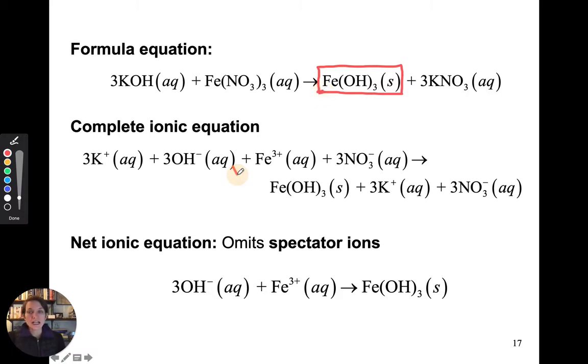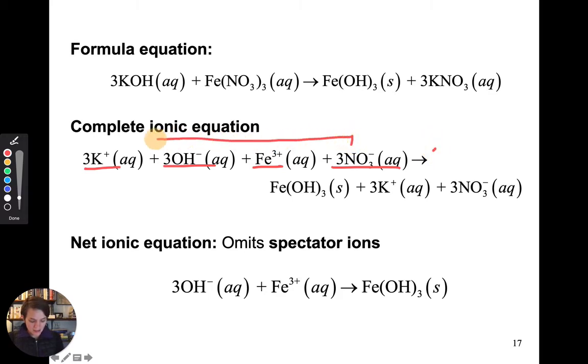Our complete ionic equation is where you take that reaction and expand it to more clearly show what has happened. Here we have our potassium and our hydroxide ions, our iron and our nitrate ions. All of our reactants are in aqueous form. Now they have the opportunity to make those new pairings, right?